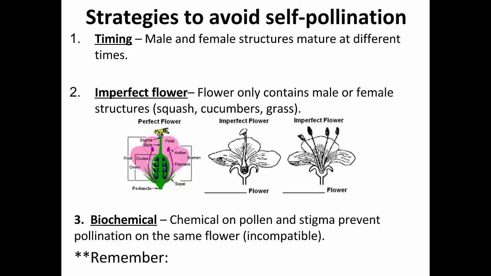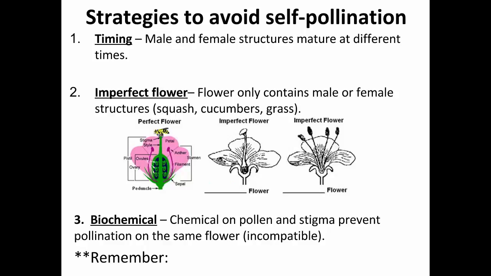If the stamens mature first, and the pollen develops and is released, but the stigma matures later on, that's going to avoid self-pollination. Even if some of this pollen falls on this stigma, and it hasn't matured, it's not going to pollinate it. So the timing of the maturity of those reproductive structures is one way that happens.